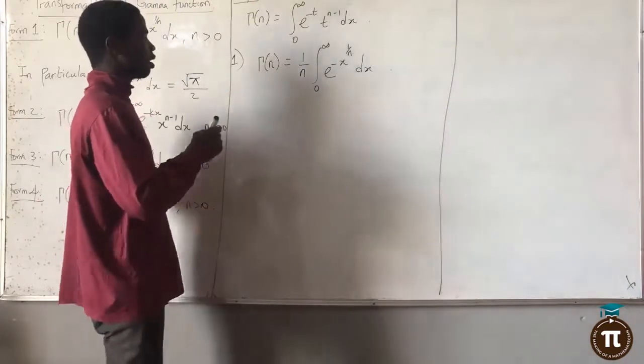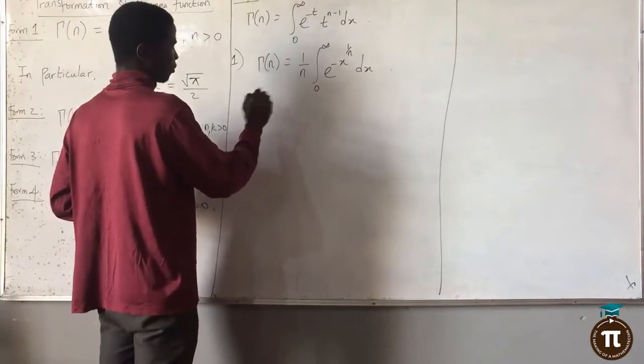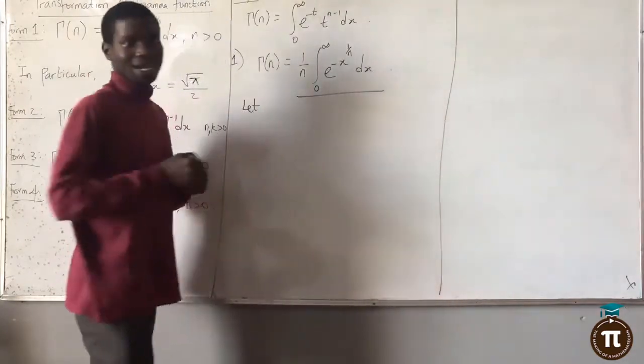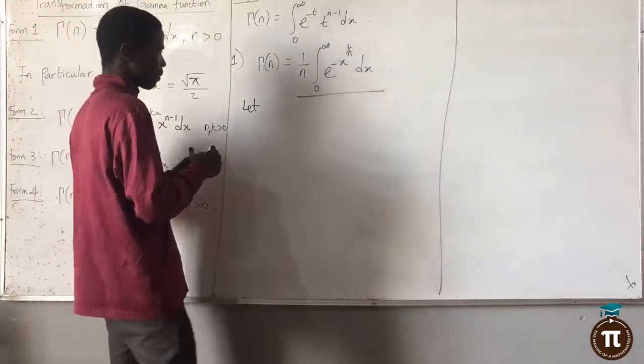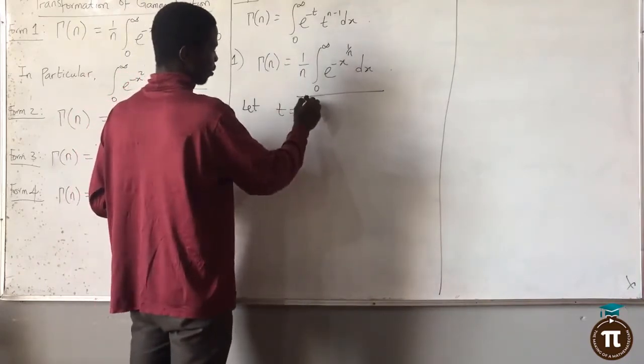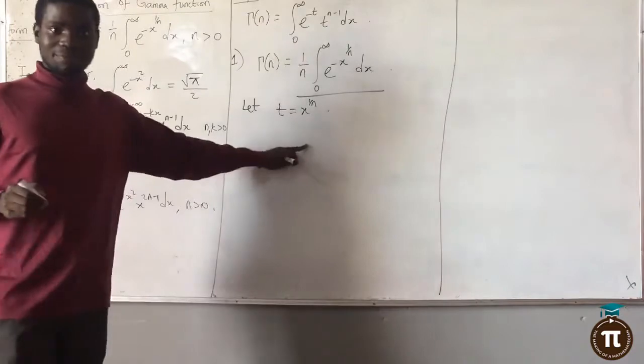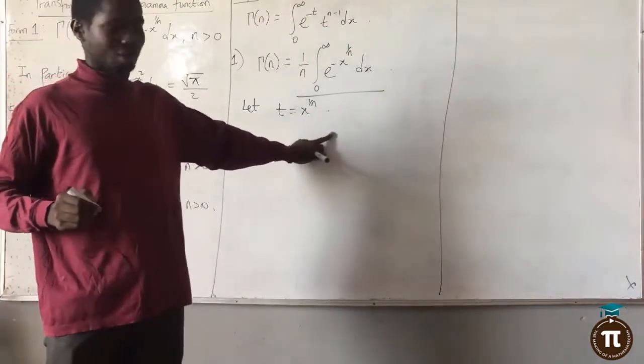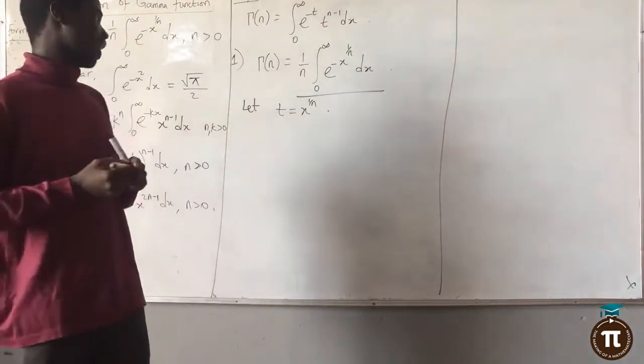Now I'll say, I'm starting from here, let t be equal to s raised to the power of 1 over n. That's the first thing I'm going to do.